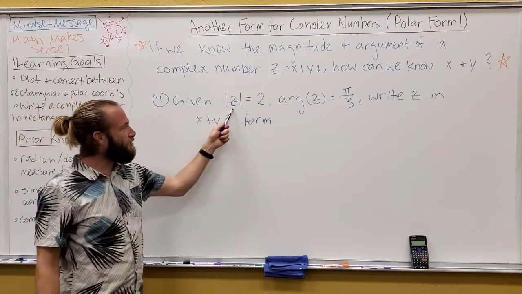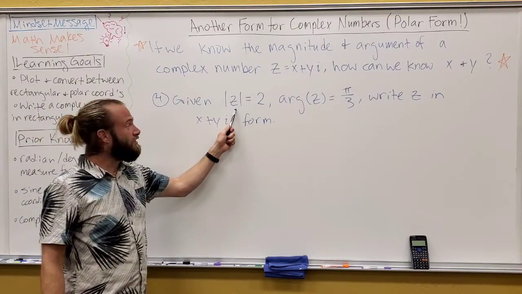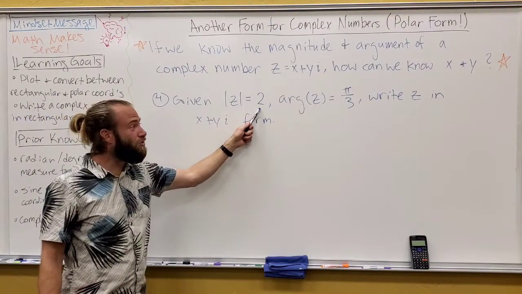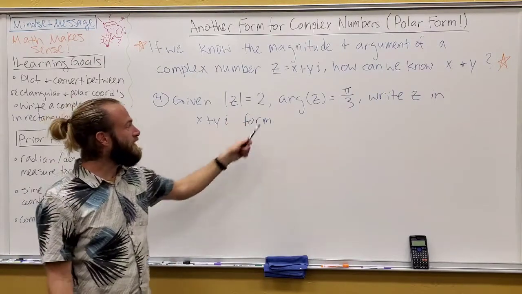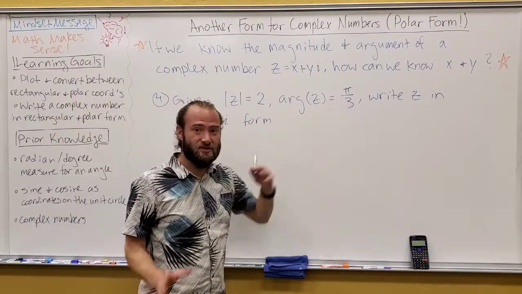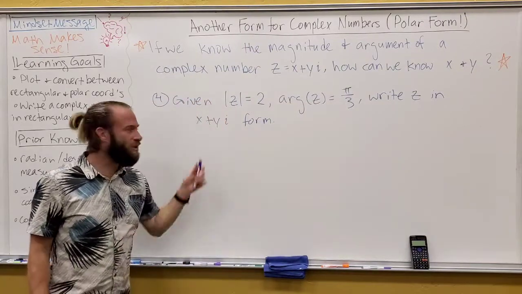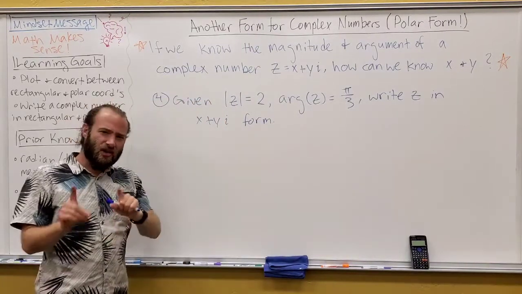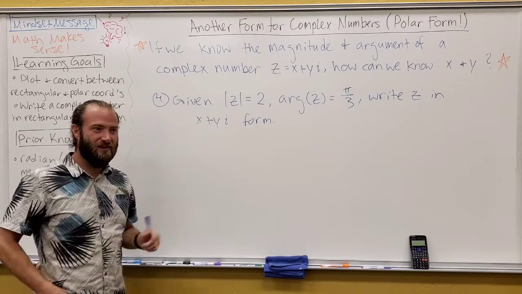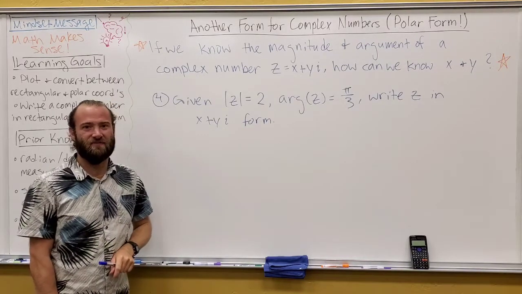So if we think of a complex number and we know that its magnitude is 2, aka its radius, right? And its argument is pi thirds, right? Its angle. Figure out an x plus yi form.